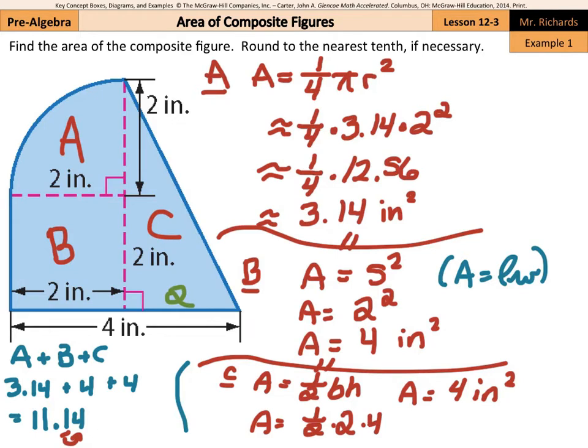So my final answer is simply 11.1 inches squared. So when finding the area of a composite figure, break it into shapes that you know. We have the quarter circle, the square, and the triangle. And in this case, we simply added those three areas up and rounded to get our final answer of 11.1 inches squared.